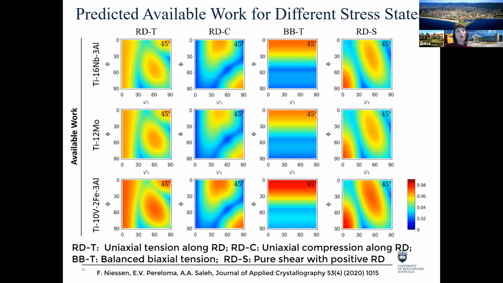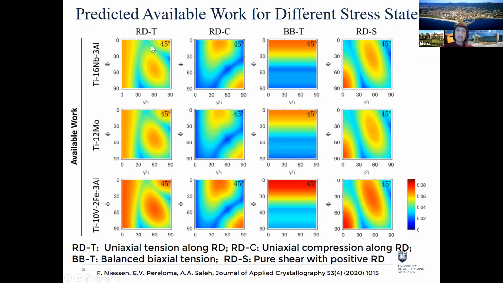Also, not only the composition, but the mode of deformation will affect which variants will form. Here is work done mostly by Frank Nissen when he was also in Wollongong with us.